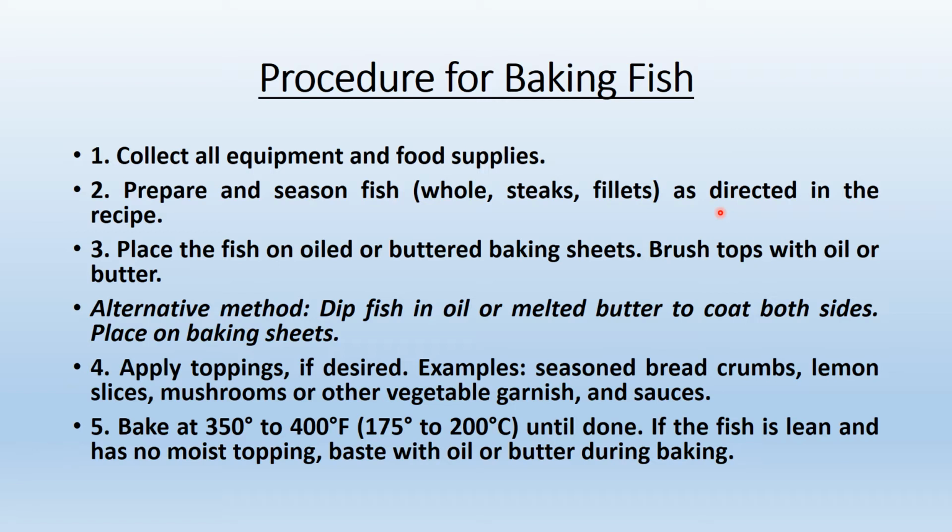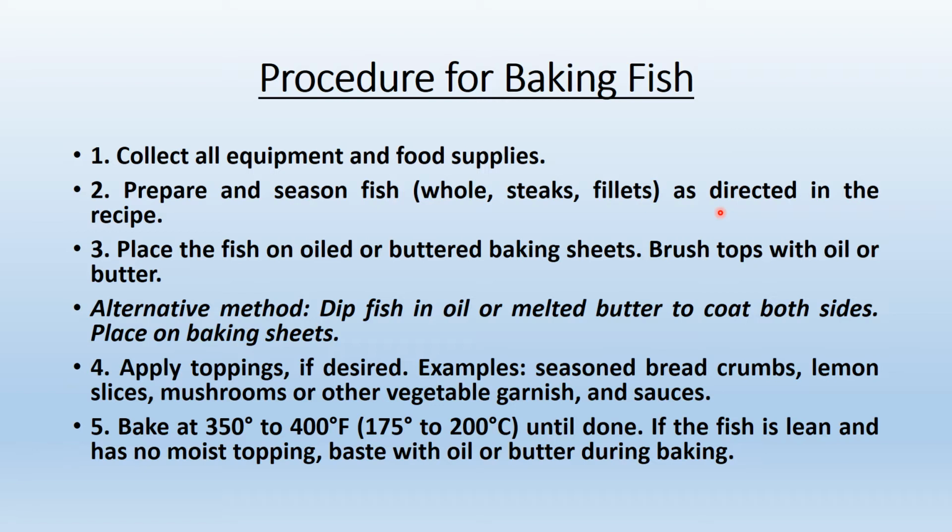And of course, as I mentioned to you at the beginning of this slide, you can add any topping that you want. For example, over here I have some examples. You can add some seasoned bread crumbs, lemon slices, mushrooms, or any other vegetable garnish. Well, I put garnish, but these are other vegetables: onion, sweet pepper, fresh jalapenos, what else?